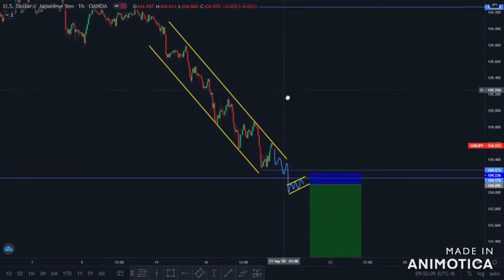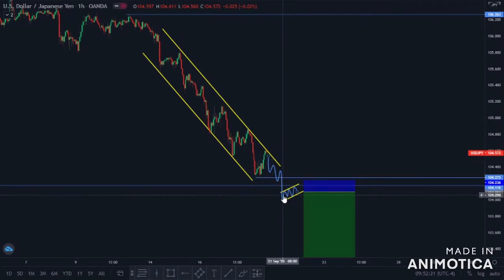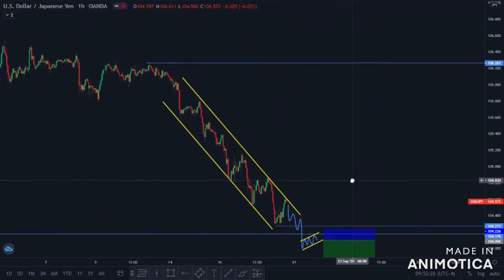Alright, so for the last time, just to recap, from here you can decide to buy here, okay, or there, but if price breaks through that, wait for a retest up here and then sell.